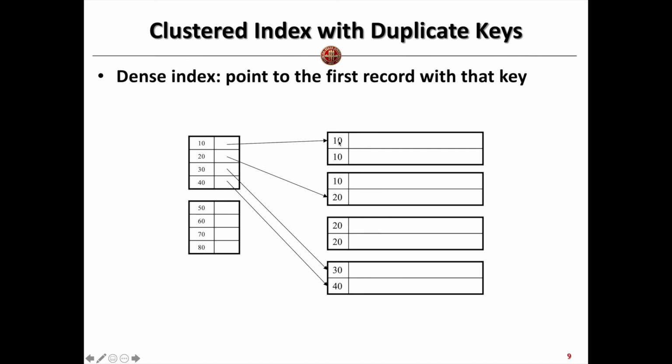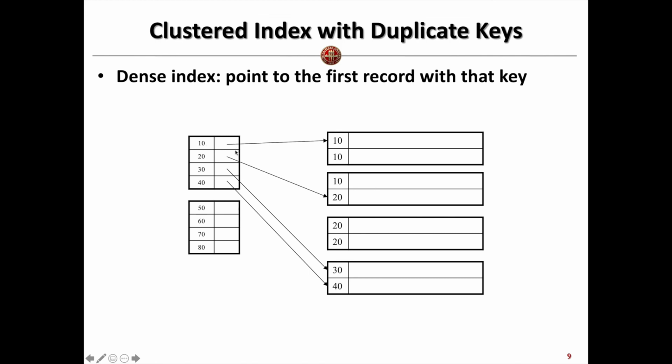In other words, for all the numbers in the data tuples, we will have one entry for them. However, here we allow different tuples to have the same value for the desired search key, right? Now for 10, we have 3 records with the number 10, right? We have 3 records with 20 as well. Then in the index table, we can assign a pointer pointing to the first record matching the search key, right?